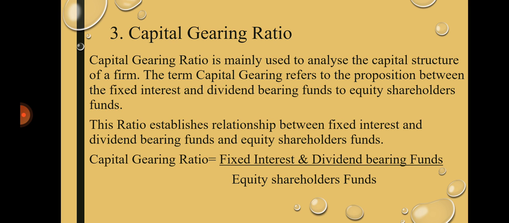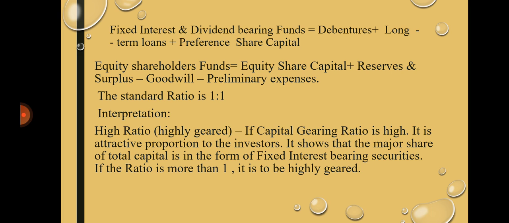Okay, now fixed interest and dividend bearing funds or securities are those securities on which the investors will get a fixed amount of interest and dividend. Okay, examples of fixed interest and dividend bearing funds are debentures, long-term loans and preference share capital.